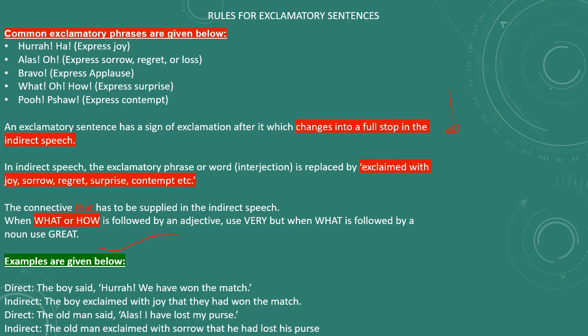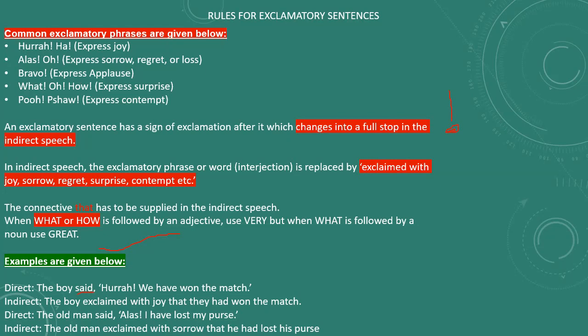These things you have to keep in mind, because before you transform the reported speech, whether it is an interrogative or an exclamatory sentence, you need to change it into an assertive sentence. So let's see the example. The boy said, hurrah, we have won the match. This word hurrah expresses joy. So definitely the reporting verb said will change into exclaimed with joy.